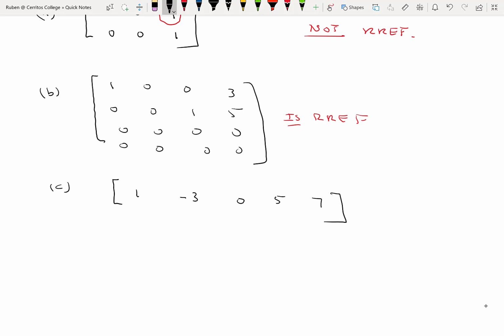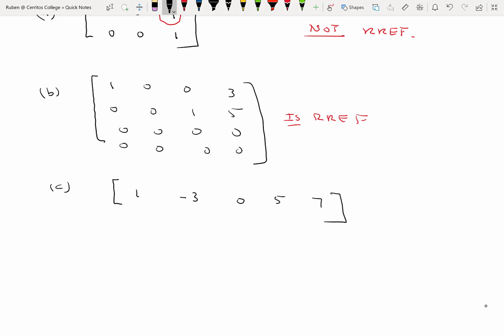If it's not satisfied, you have to be able to come up with something that makes it not satisfied. So again, number 3, the leading one of a non-zero row appears to the right of the leading ones of any previous row, where there are no previous rows. There's only 1 row, so you can't violate number 3. Okay. Are all the entries of a column containing a leading 1, 0?